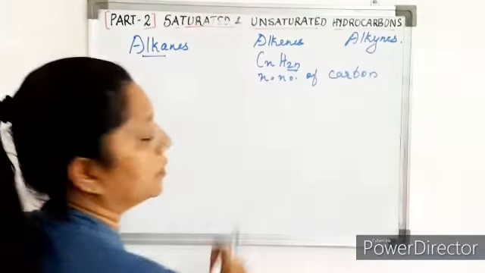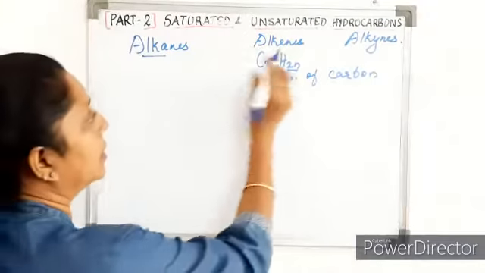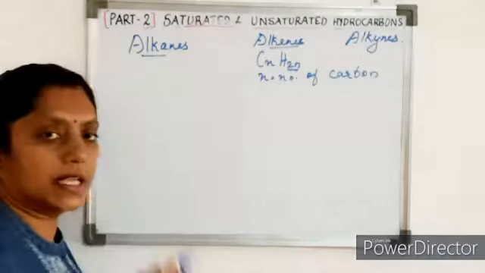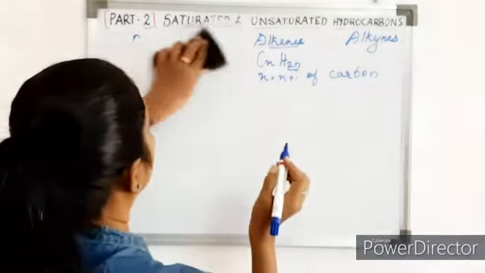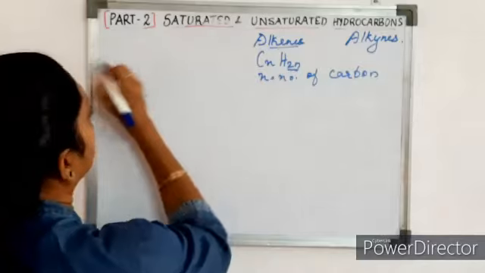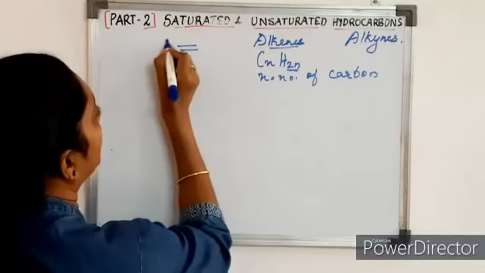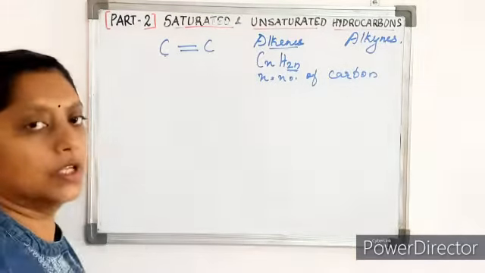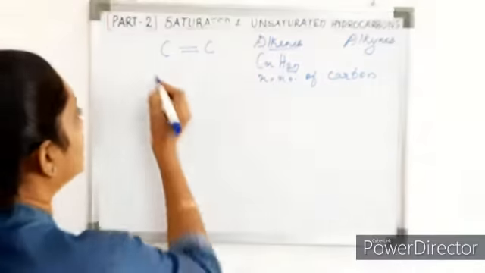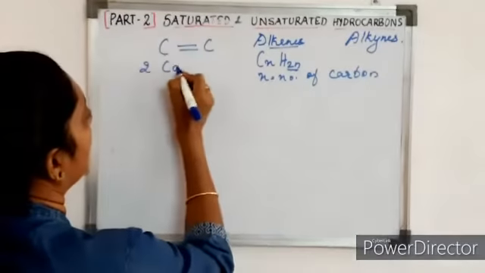So if you want to find the first member, you know that alkenes are unsaturated hydrocarbons, that means there is a double bond between 2 carbon atoms. So the first member has 2 carbon atoms.